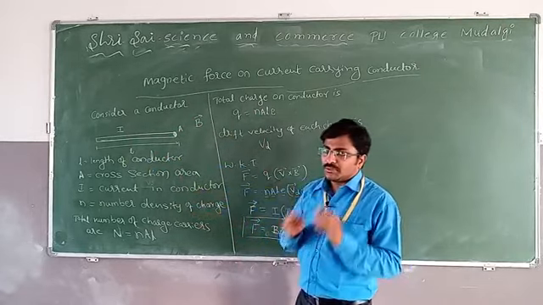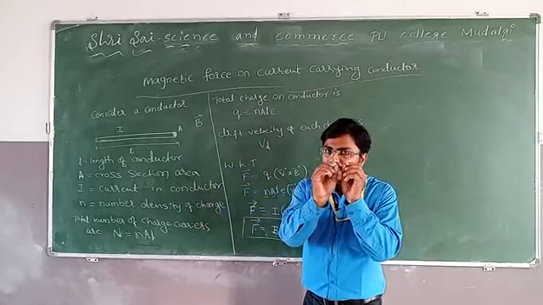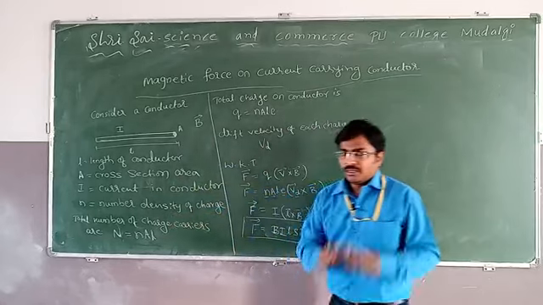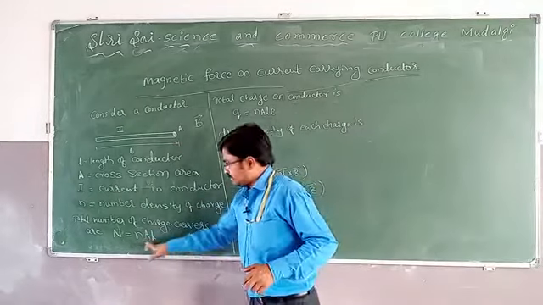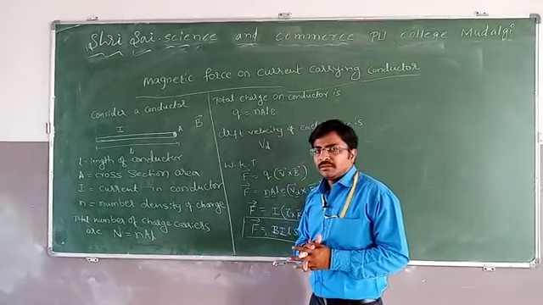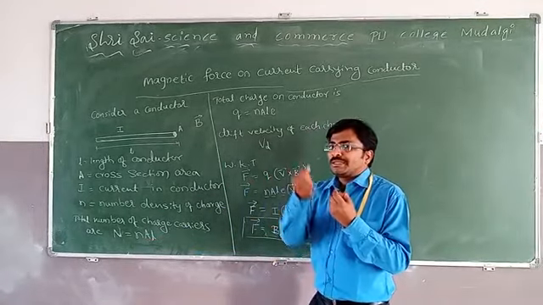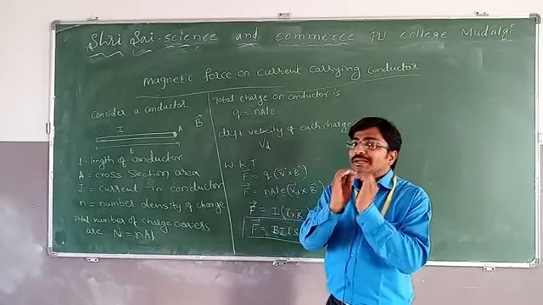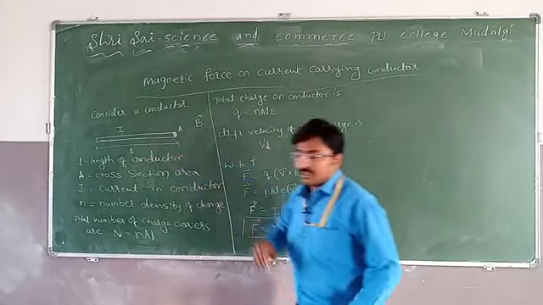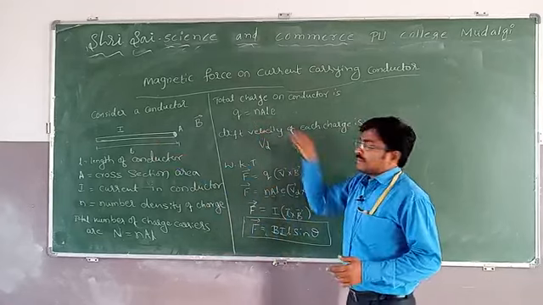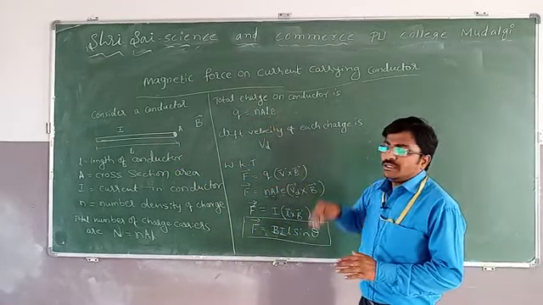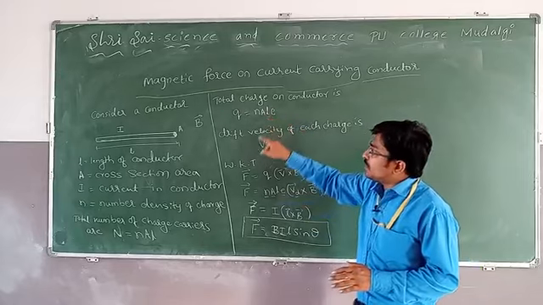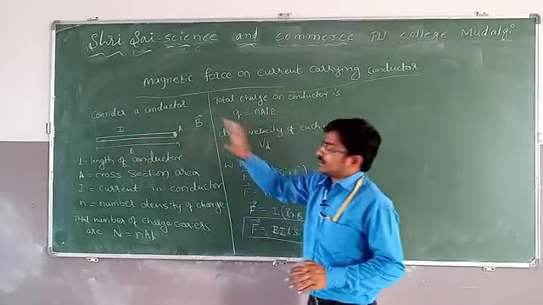Small n is nothing but, in 1 meter, how many electrons are there. In total L length, how many electrons? NaL. Then each electron carries the E charge, so the total net charge on this conductor is NaLe, that is Q is equal to NaLe.